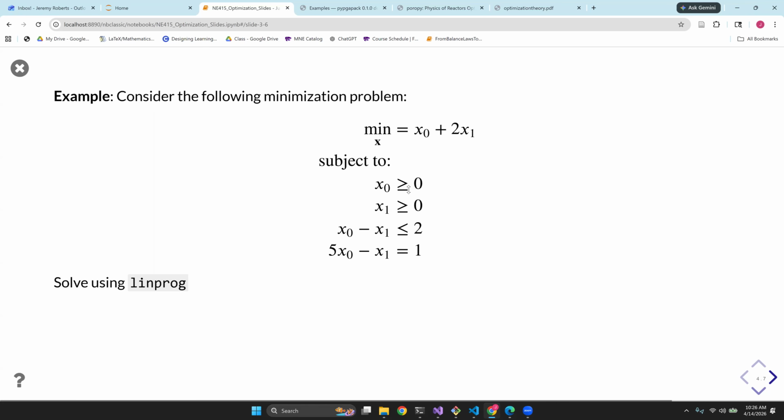Now, one thing that is a little off here for the constraints is I have both greater than or equal to and less than or equal to. As we saw before, the canonical optimization problem is cast in terms of greater than, right? If I recall correctly, that's how I had written it before.